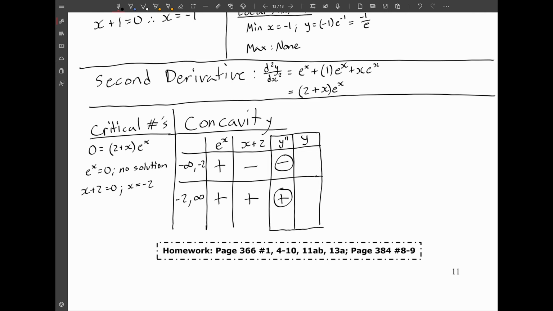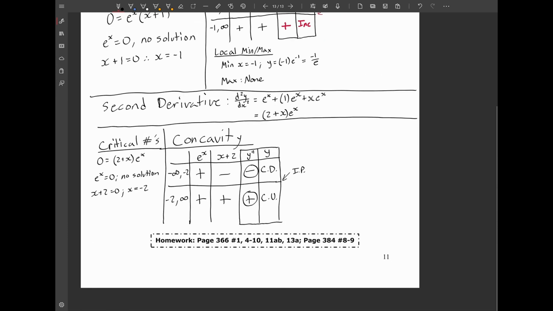That means that over the interval negative infinity to negative 2, we are concave down, and over the interval negative 2 to infinity, we are concave up. Meaning we've got ourselves an inflection point right there, a transition between concave up and concave down.